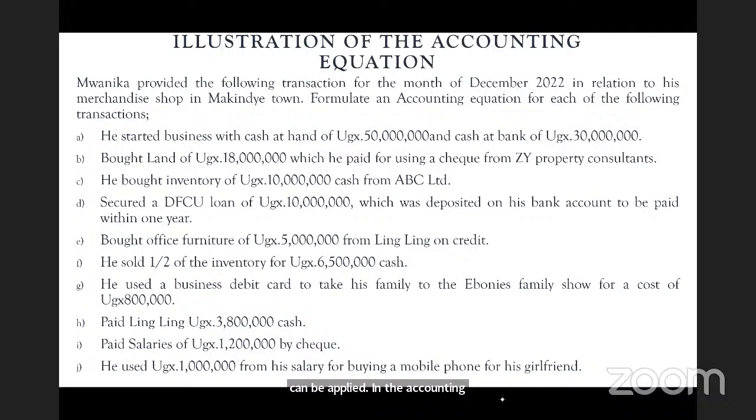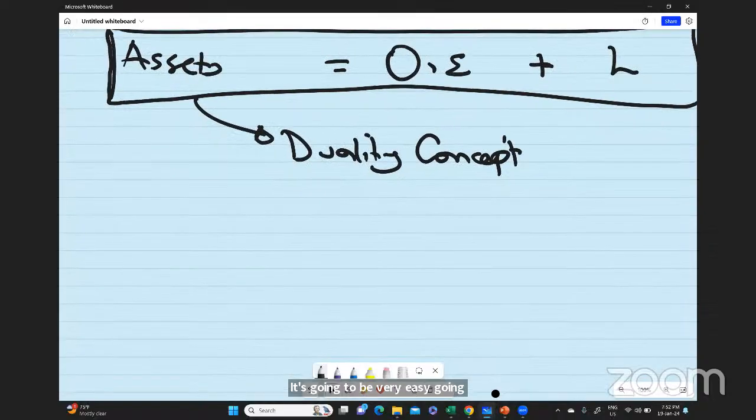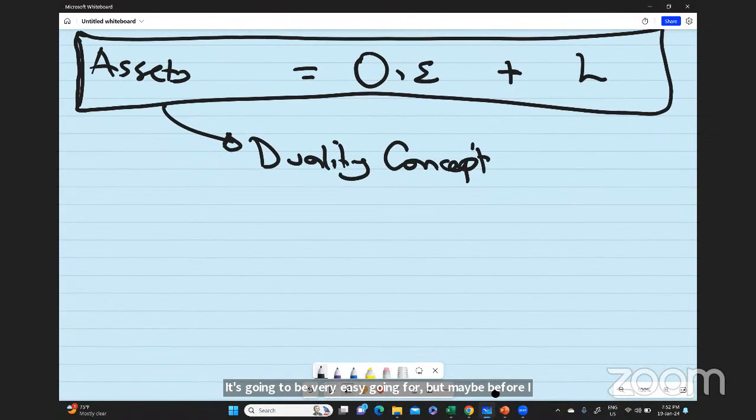After understanding how duality works, everything is going to be very easy going forward. But maybe before I move forward, let me first try and explain further what we call this accounting equation.